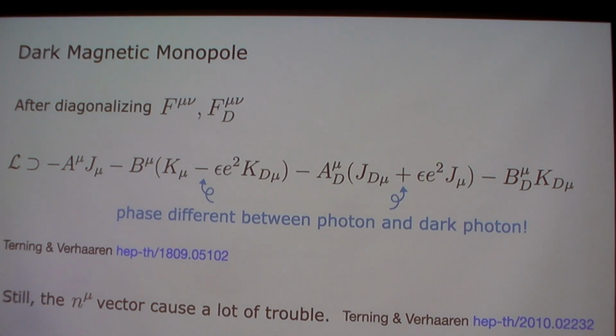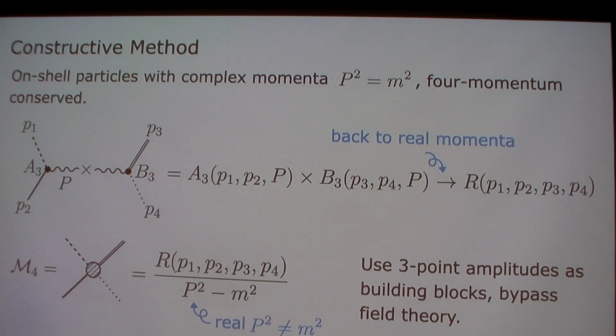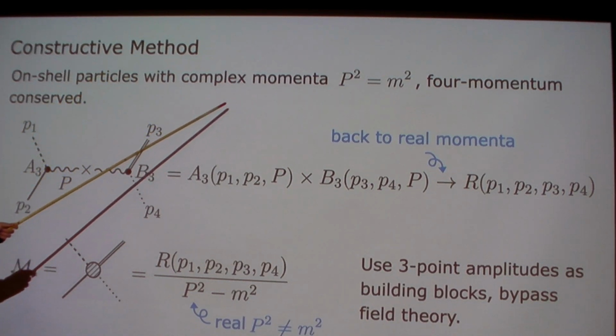And indeed, there is some other way to calculate scattering amplitudes in the modern amplitude program. The one we're going to introduce is this constructive method proposed by Arkani-Hamed, Huang, and Huang. In this formalism, the trick is to allow the momentum of the particle to be complex.